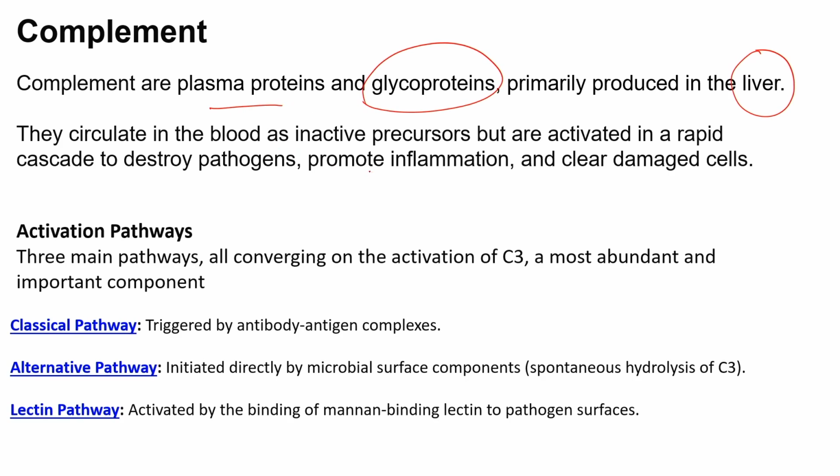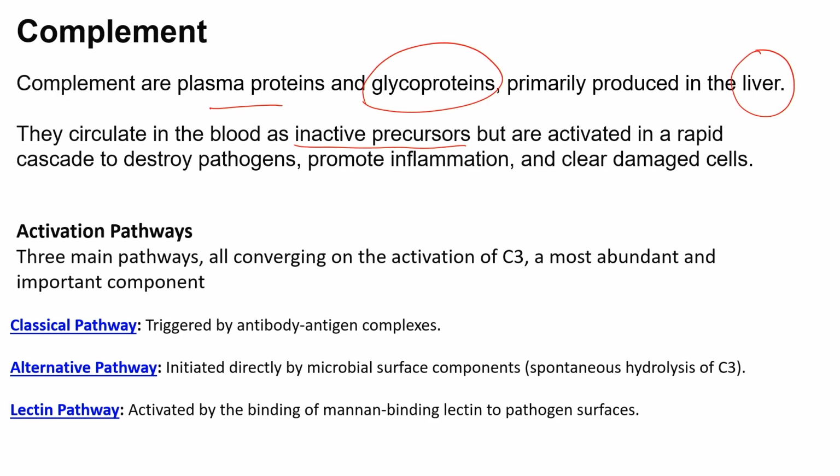They circulate in blood as inactive precursors, but will be activated by the production of a cascade that could start post entry of the pathogen. We could look into that phenomenon, and this complement can do multiple functions in order to clear the infection from the body.